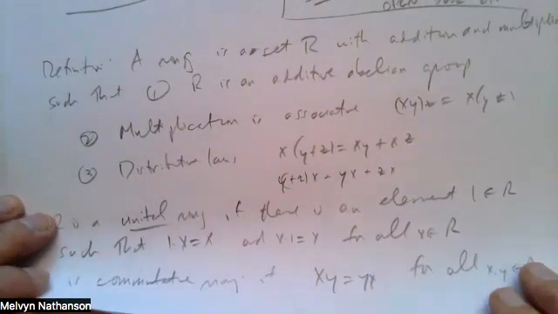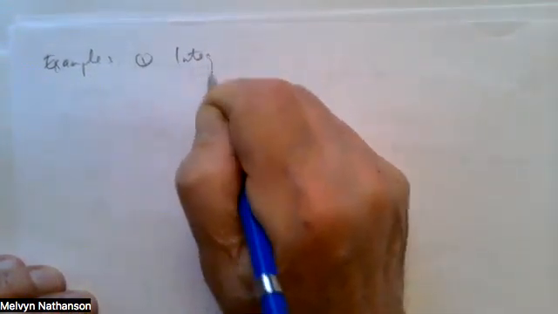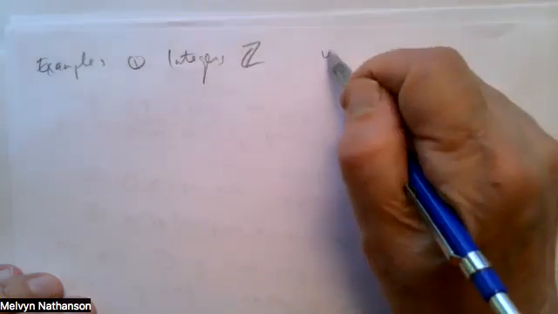So the fundamental example of a ring is the integers, Z, with the usual addition and multiplication. So this ring is unital and commutative.